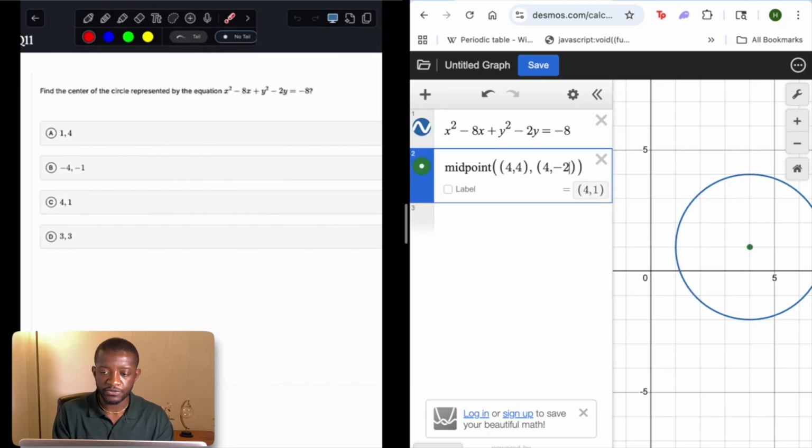If it's not clear, let's say, for example, you have something like 2.1, or it's a midpoint where it's not as clear to see, you could do that, and then it tells you that it's 4, 1. It tells you this point. So the center would be 4, 1.